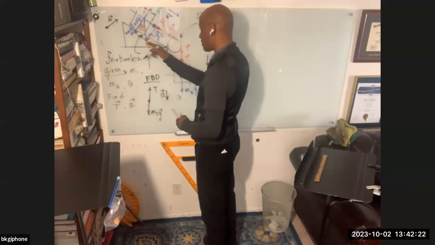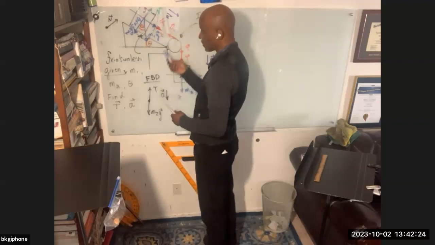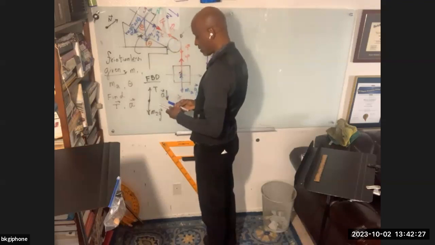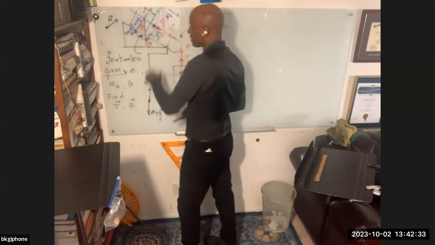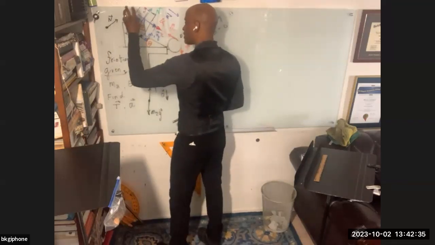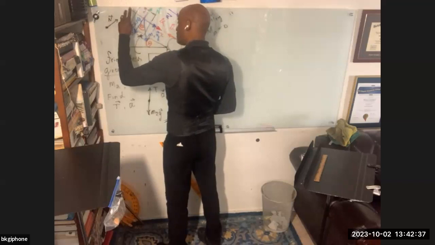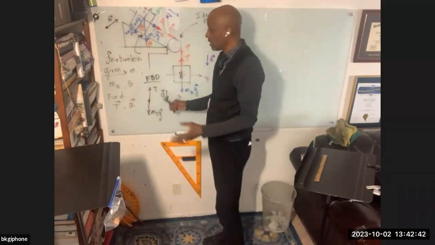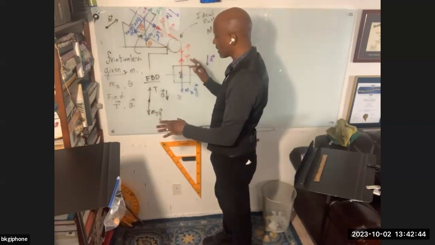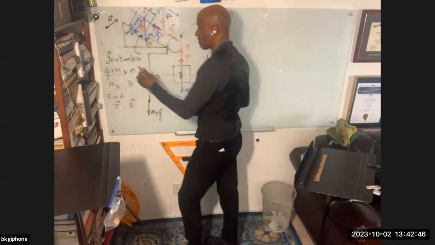One is the tension, but the other is a component of gravity. And we'll see that pan out when we apply the sum of the forces. But I like to have that somewhat analyzed before I come over here, because the purpose of the free body diagram is to clear everything out, get it clear as to what forces are causing what type of motion.